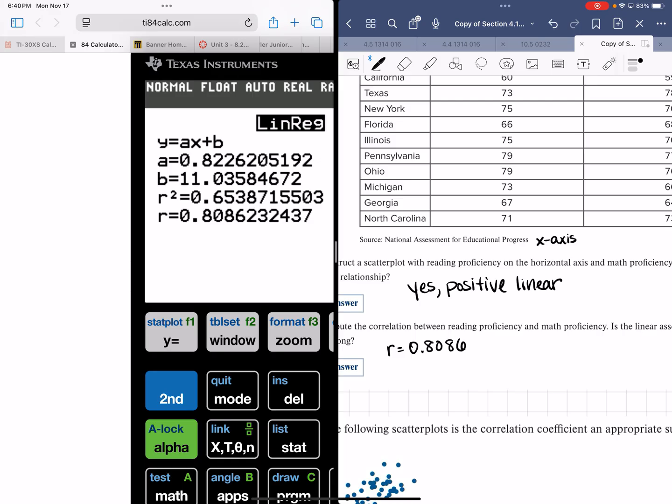We know it's fairly linear because it's close to 1. It's 0.8. The closer it is to 1, the stronger the linear correlation. So, compute the correlation. We did. Is the linear association positive or negative, weak or strong? It's positive, and it is strong because it is close to 1.